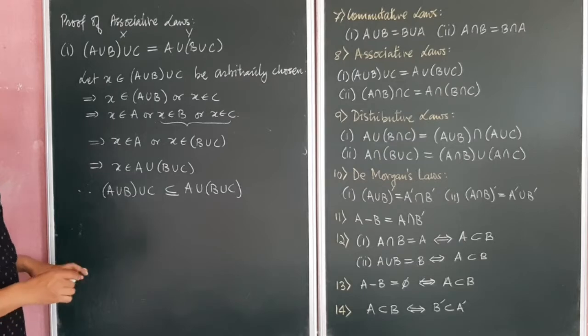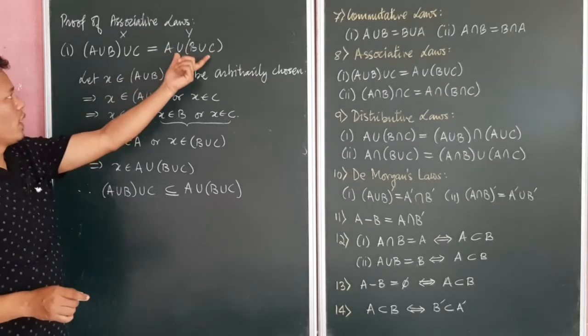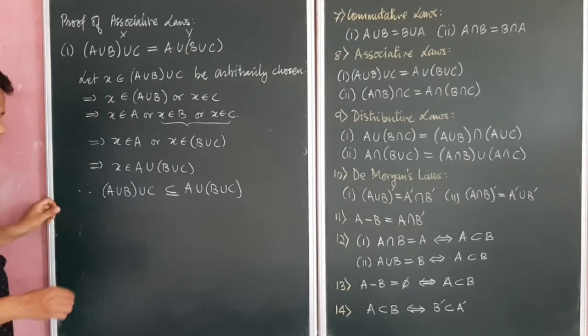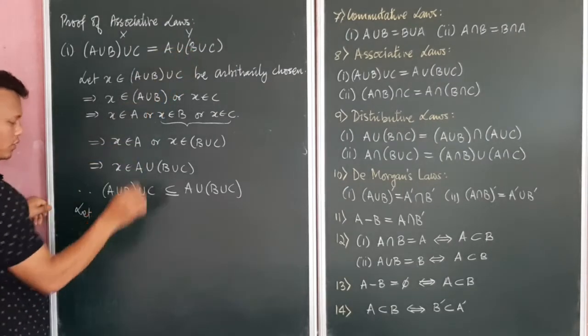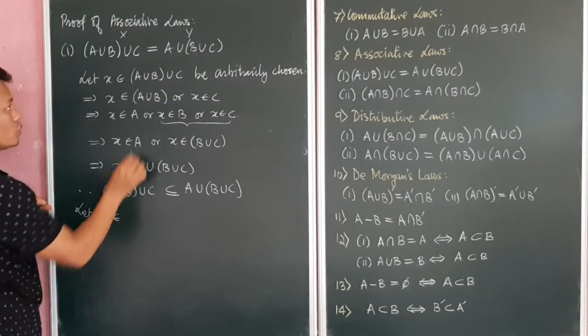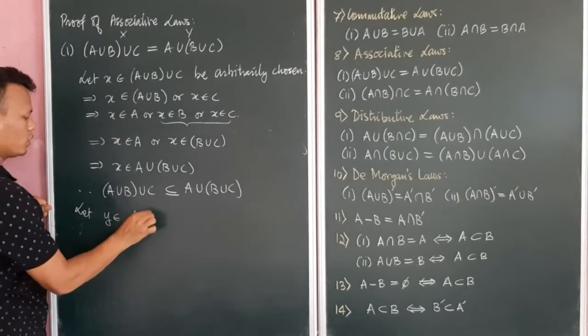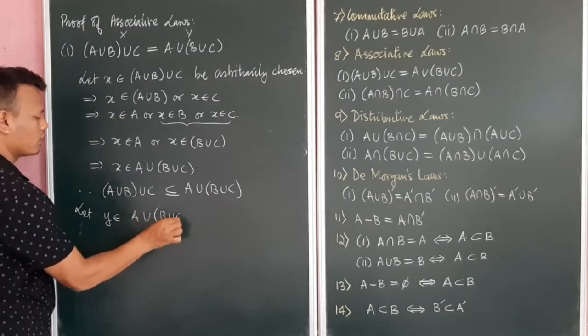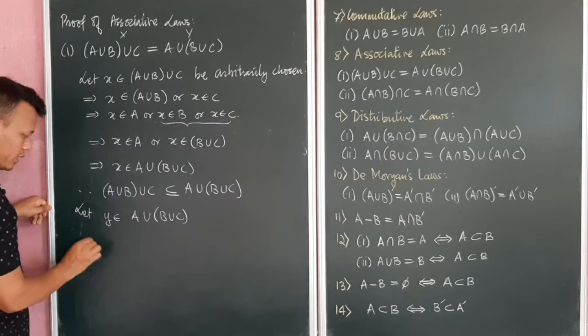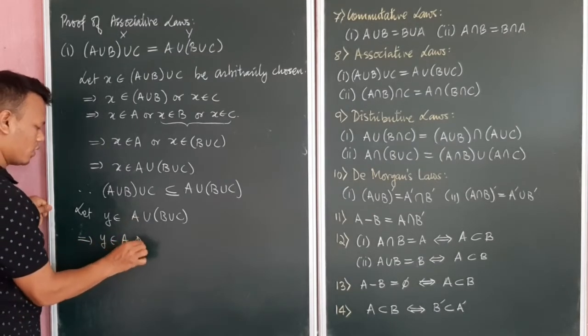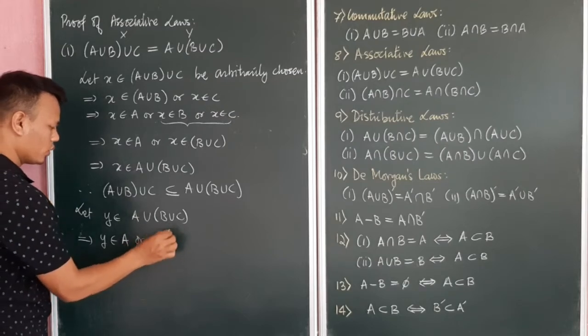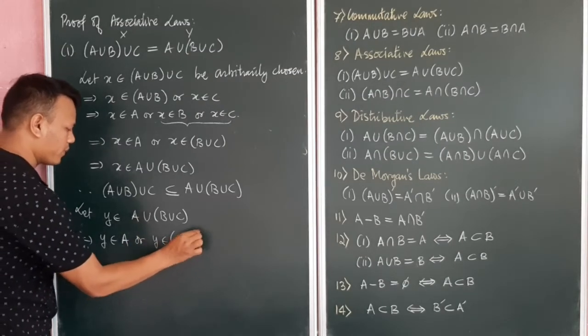Now second part is we have to show that y is a subset of x, isn't it? Now for that I have to choose one random element from here. So let y belong to A union B union C. Alright. Now this means y belongs to A or y belongs to B union C. Alright.